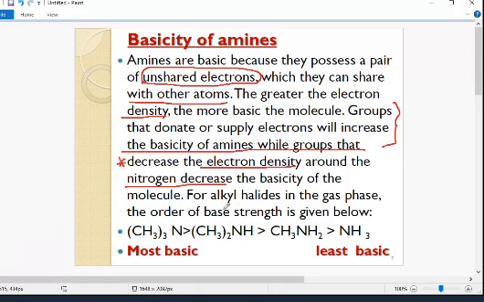Now, there are those species or branches that increase the number of electrons, like alkyl groups, where the more they are, like here we have 3 of them. You see that?